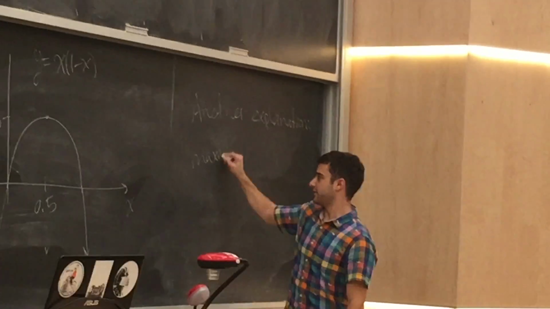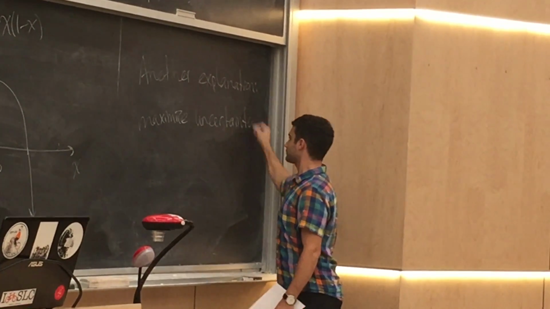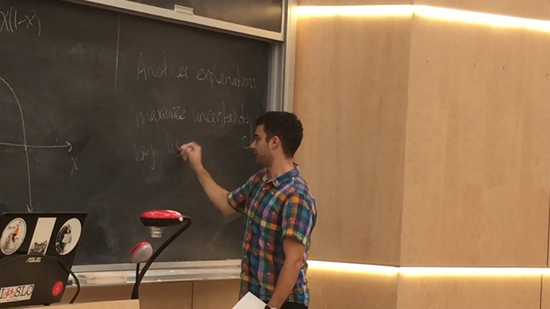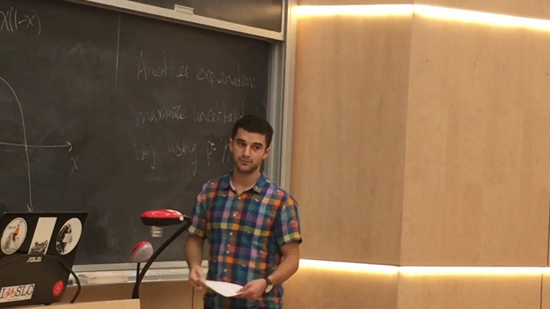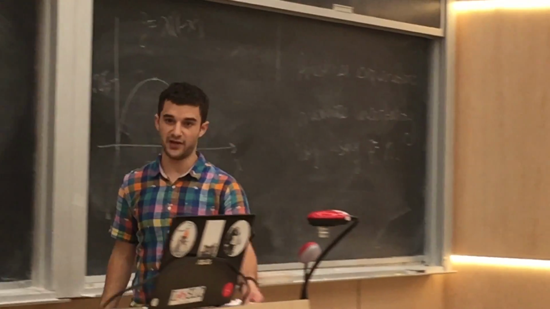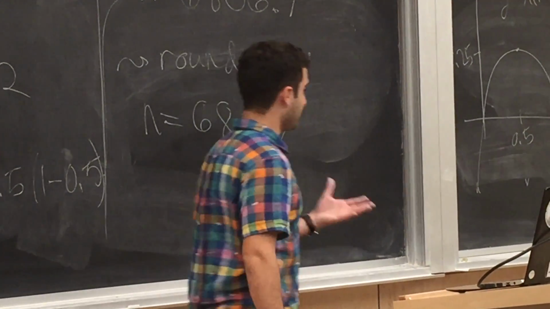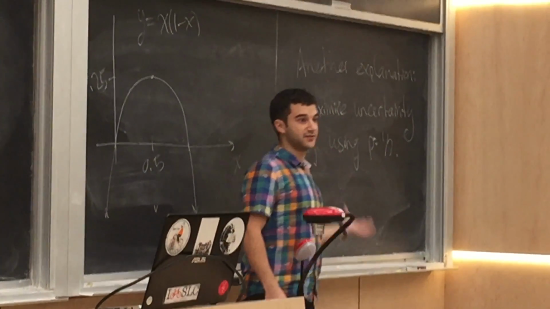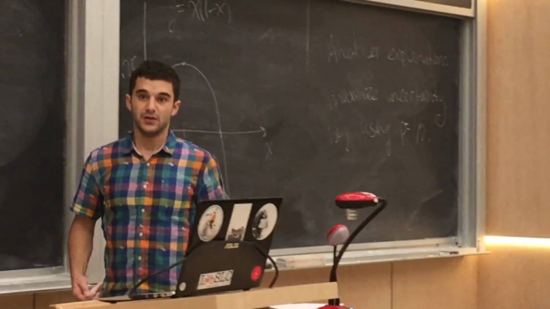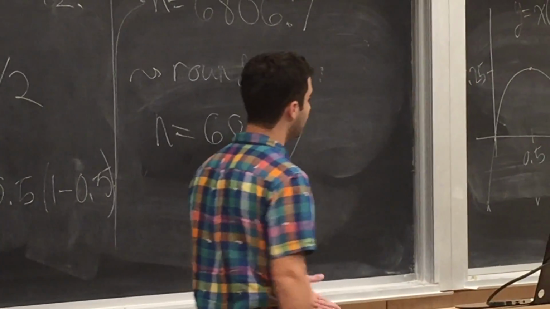But you maximize uncertainty by using p equals 1/2. So you have no idea if a given potato you pick up is going to be a defect or not. And since you have no idea, that means you're going to need more data to have certainty in your predictions. So you can think of using p equals 1/2 as maximizing uncertainty, and that means you need more data.